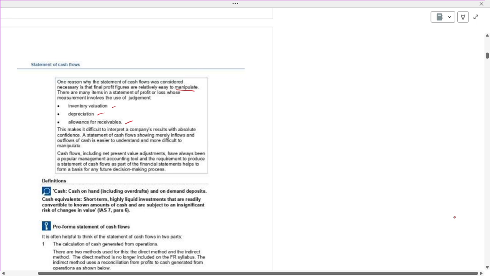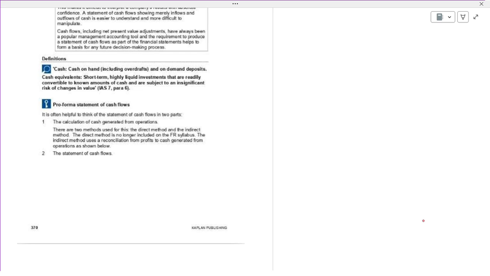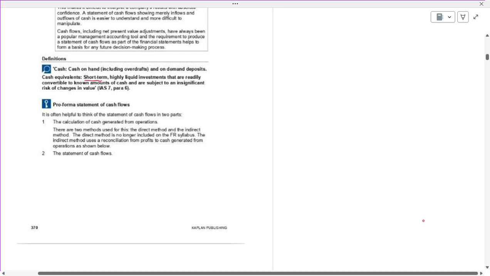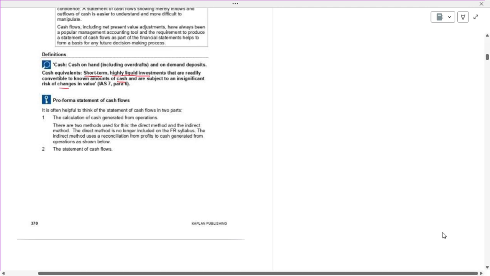Just fix on how that is going to happen. Now, what is cash? Cash is short-term, highly liquid, readily convertible into cash, with an insignificant risk of change in value.